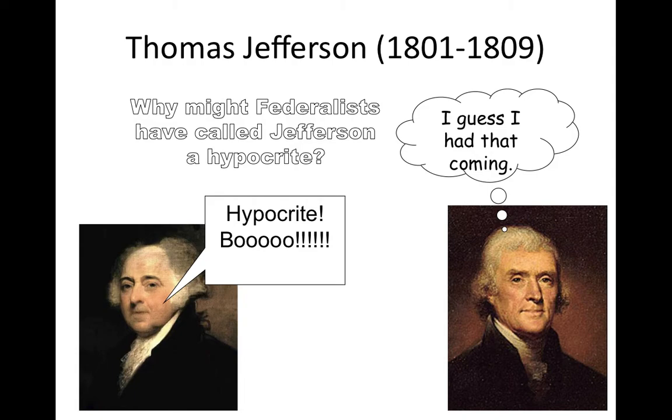Nowhere in the Constitution does it say that the president has the right to purchase land, nor the U.S. Congress. And so Jefferson took a pretty liberal reading of the Constitution in order to justify this purchase. So if a Federalist like John Adams called Jefferson a hypocrite, he might have had to agree that he kind of had that coming.